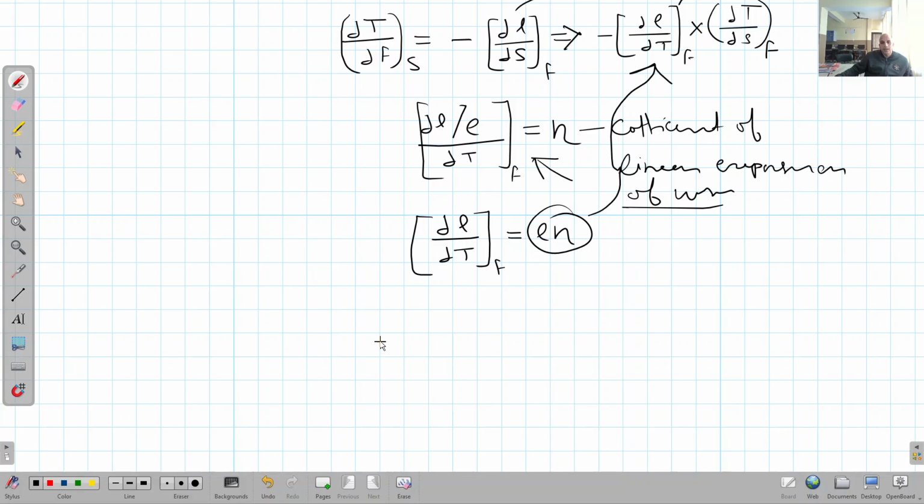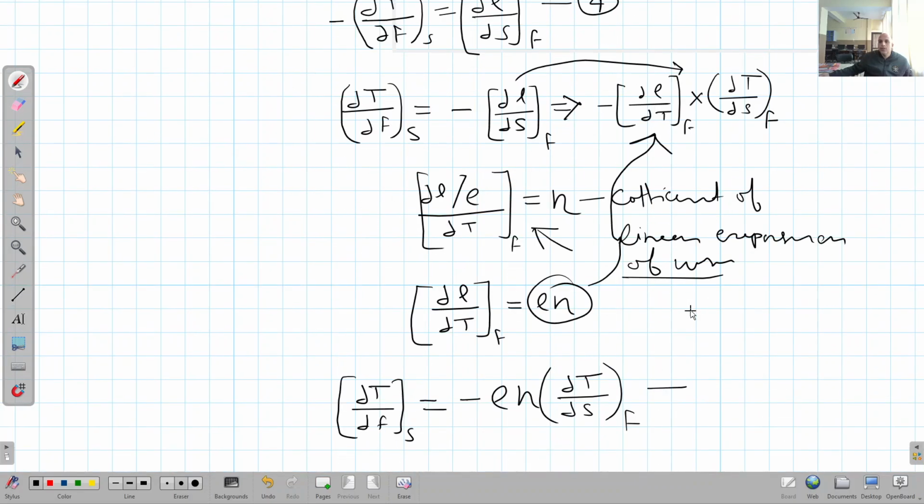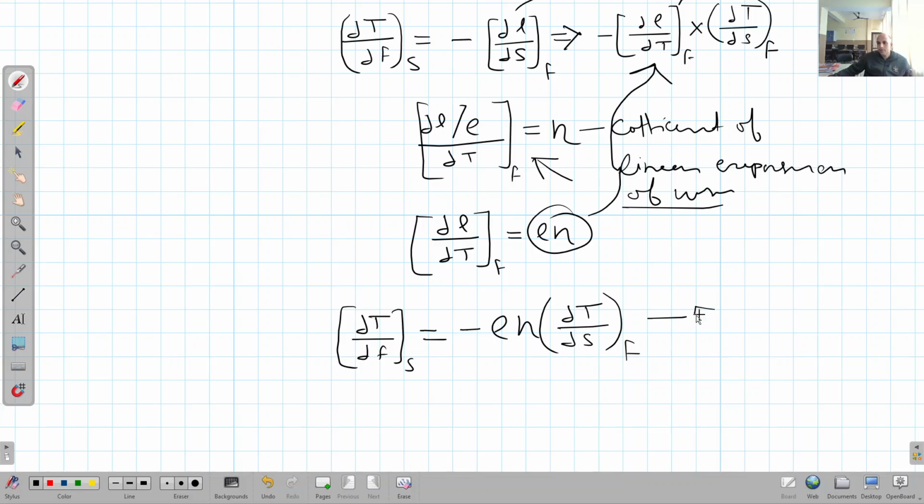So when you put it here, you will get (∂T/∂F)_S is equal to minus L eta times (∂T/∂S)_F. Clear? This is equation number 5.